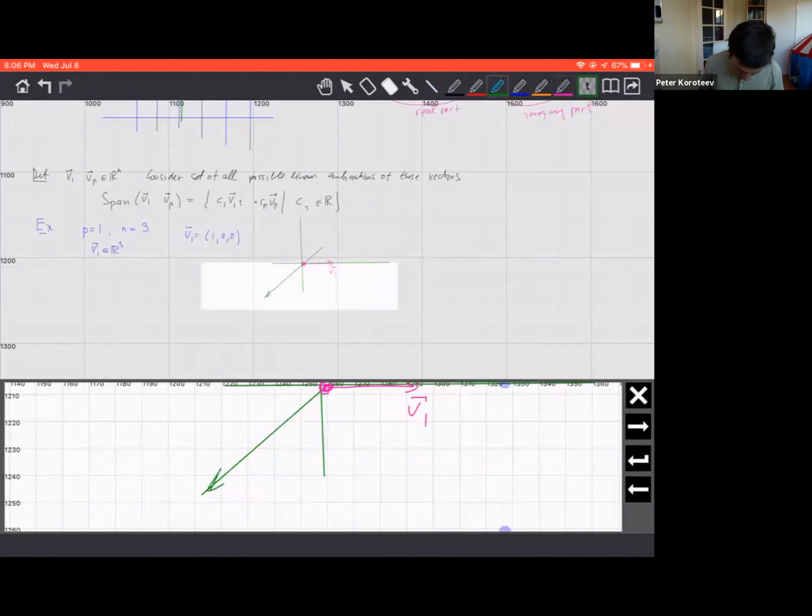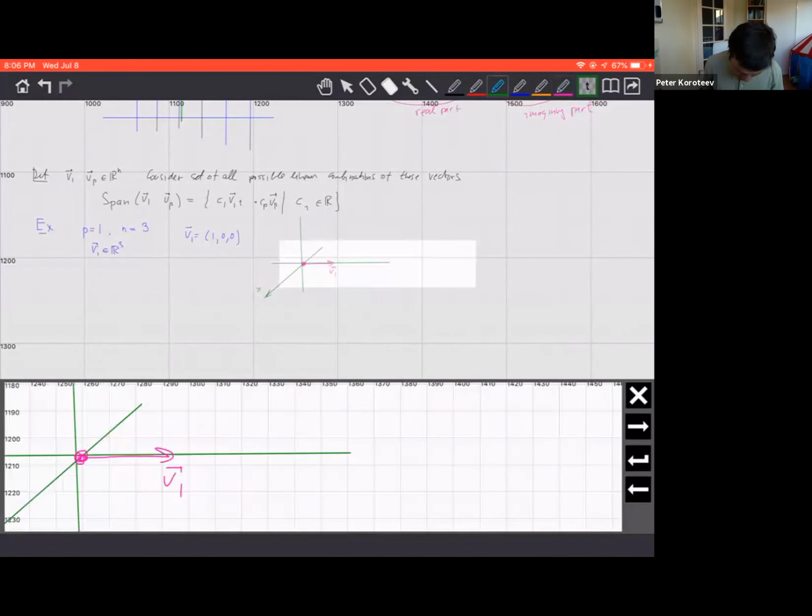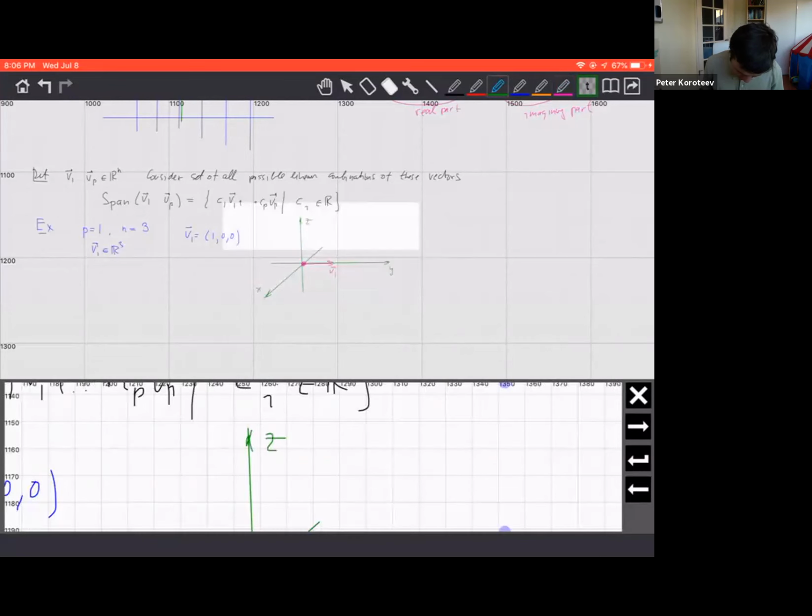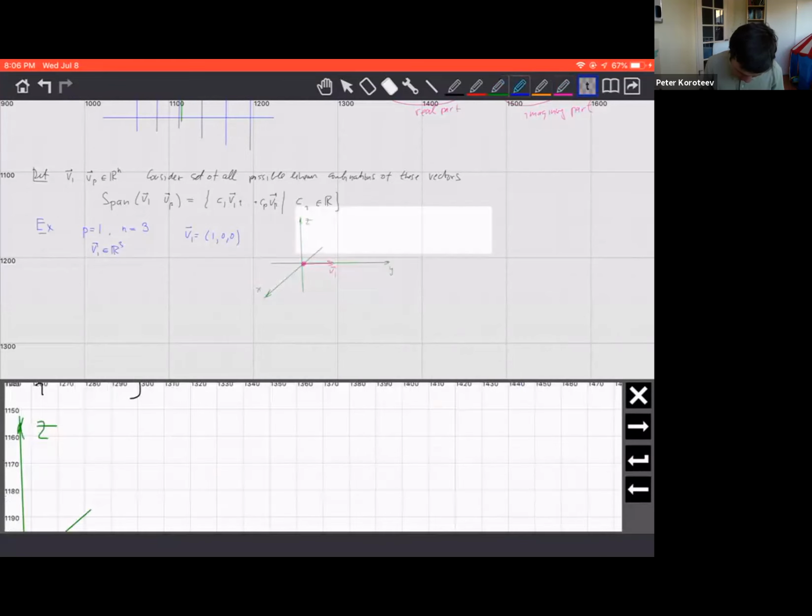So can you describe the span of v1? Given the definition, the situation is a little bit degenerate because there's only one vector, so the only thing you can do is to multiply this vector by a scalar.